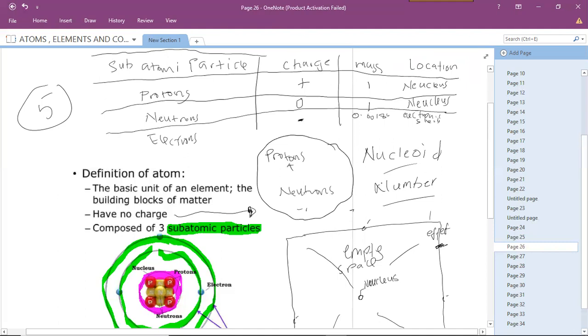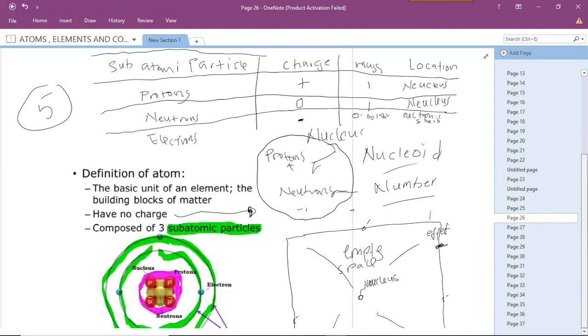Nucleon number comes from the word nucleus. So what's in the nucleus? Protons and neutrons. Because these are found in the nucleus, they refer to this as the nucleon number. If you see nucleon number, it denotes the number of protons and neutrons found within the nucleus of an atom.